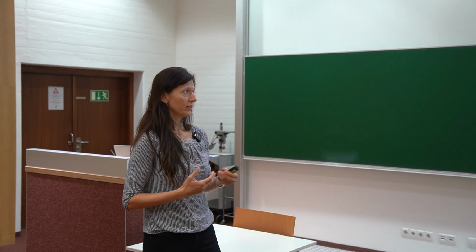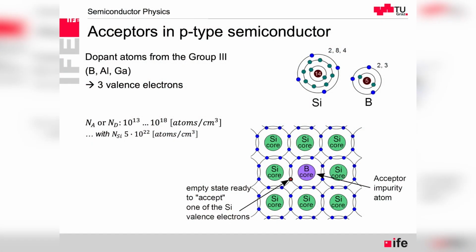The other type of doping is achieved with group 3 elements, for example, boron. It has 1 electron less in the valence shell. So if we place the boron atom in the silicon lattice, then it will form covalent bonds with 4 neighbors, but in fact there is one missing electron.